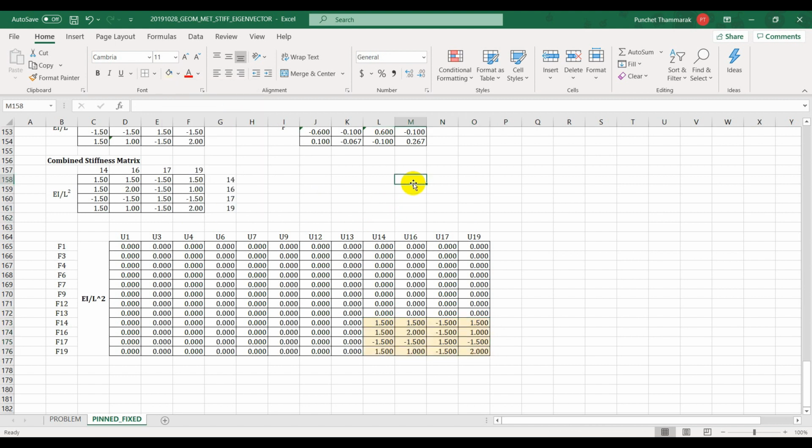Okay, we get everything, then we can combine them into one stiffness matrix.